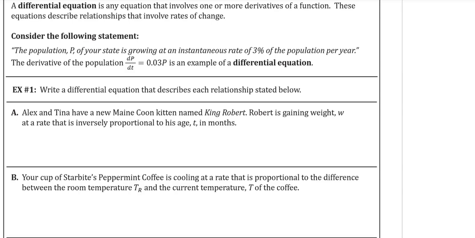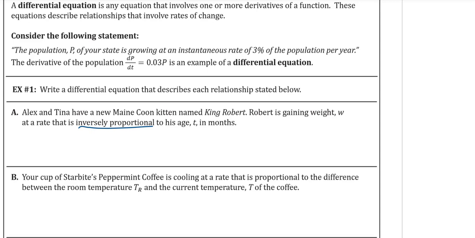So what we want to do is write a differential equation that describes the relationships in these two problems. The first one: Alex and Tina have a new Maine Coon kitten named King Robert. Robert is gaining weight, W, at a rate that is inversely proportional, that's important, to his age, T, in months.